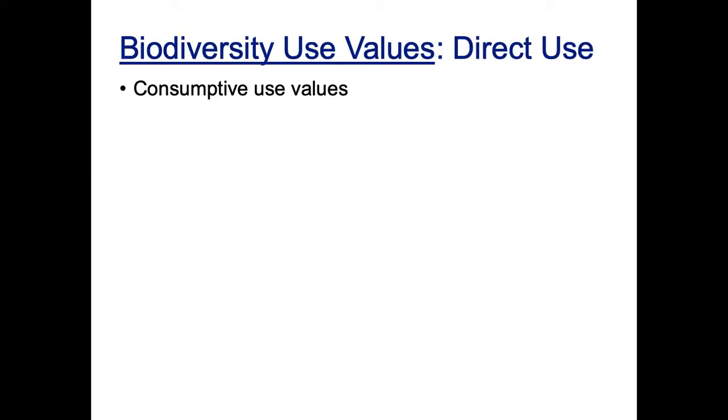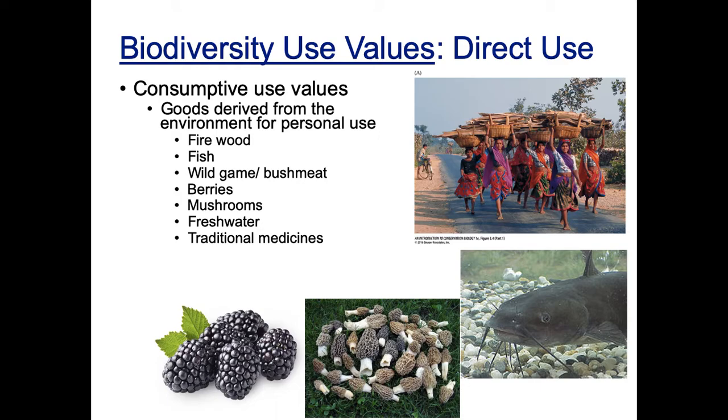So these are consumptive use values. Goods derived from the environment for personal use. And so examples of this might be like gathering firewood that you're going to burn in your own house. If you went fishing in a local river or pond and you brought it home and ate it.